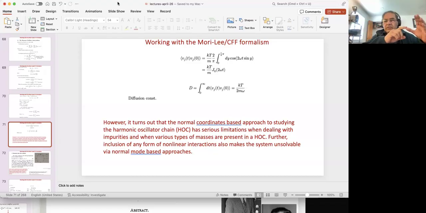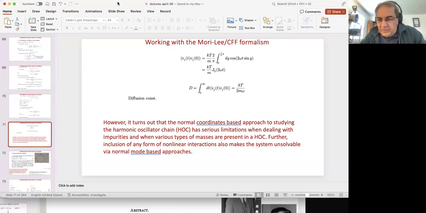So the velocity autocorrelation function gave us the detailed journey information about this jth particle as it went from the perturbed state at t equal to 0 to the equilibrium state at t going to infinity. That's why the integral is from 0 to infinity. So that gave us the diffusion coefficient.